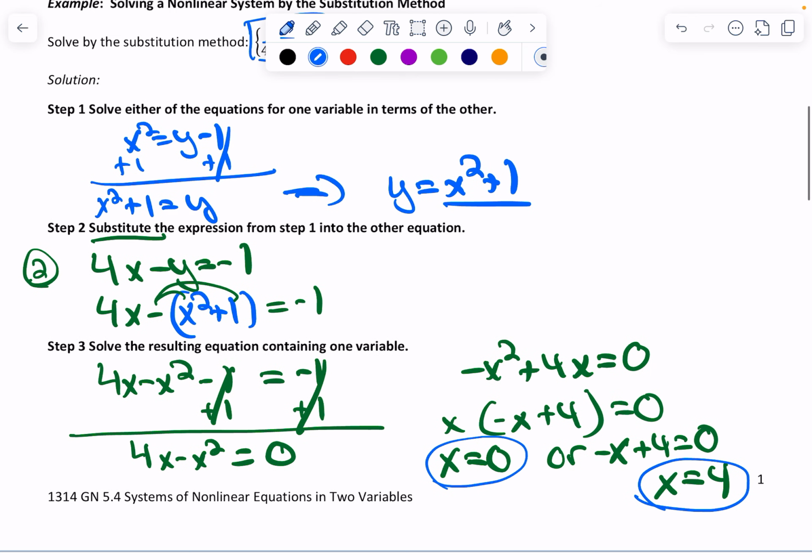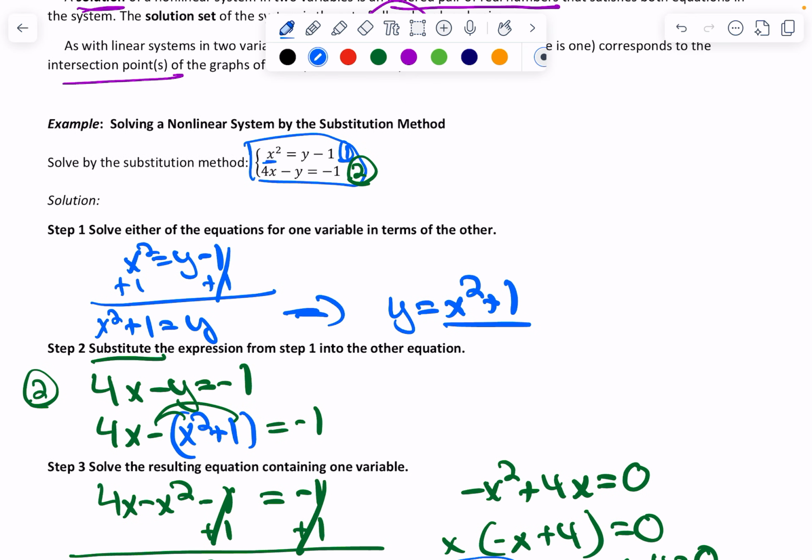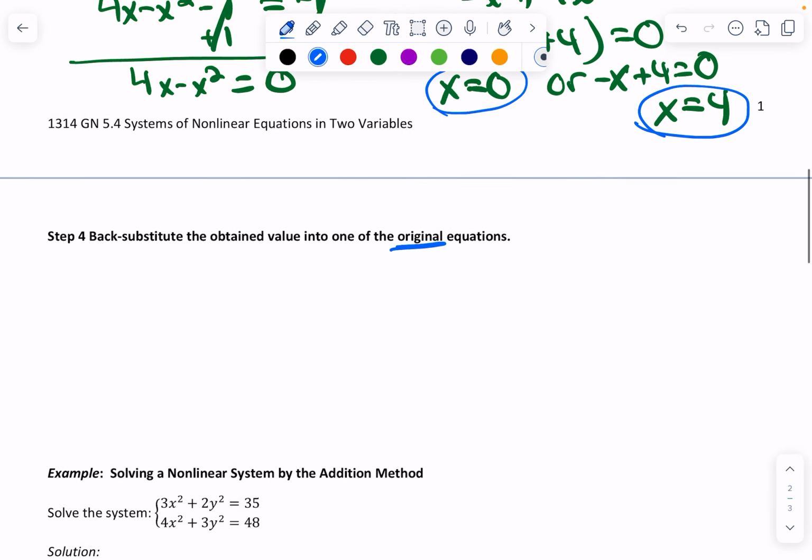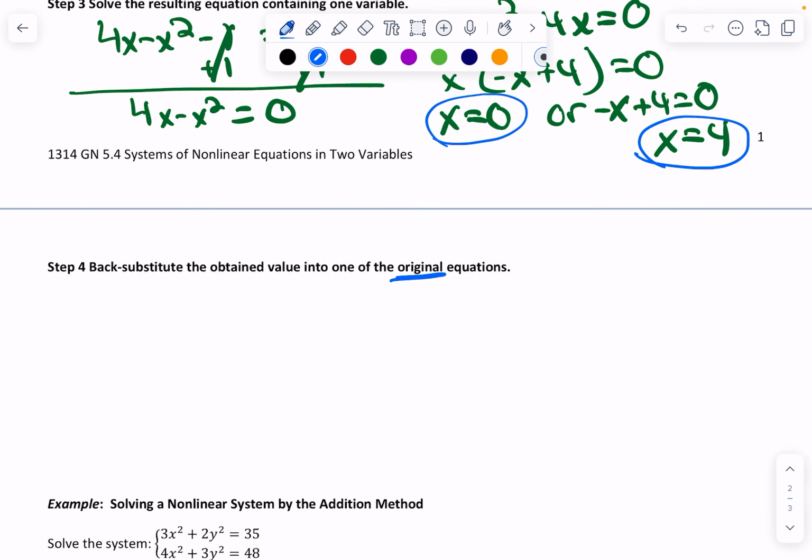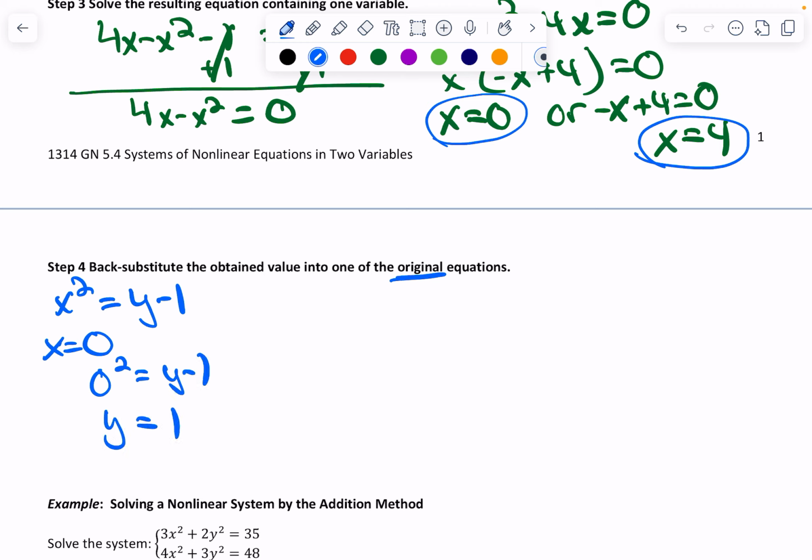So we're going to go ahead and take the first original equation here, x squared equals y minus 1. And we're going to plug in x equals 0. So 0 squared equals y minus 1. Well, our y is going to be 1. So 0, 1.